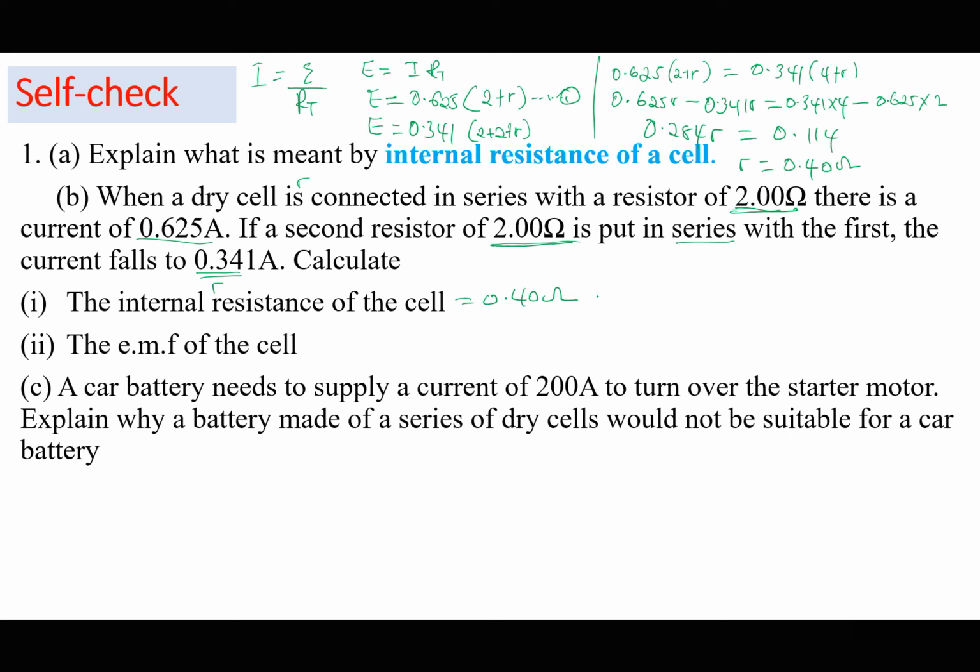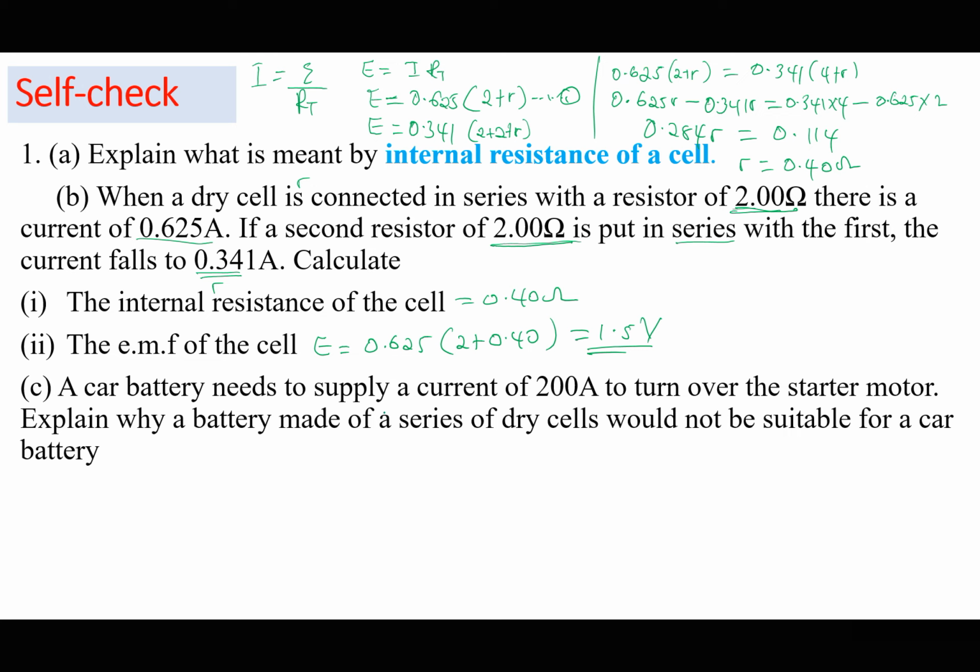Then the EMF, I will just substitute in one of the equations, maybe the first equation. The EMF is equal to 0.625 into 2 plus 0.40. So we have 2.4 times 0.625, which gives us 1.5 volts.